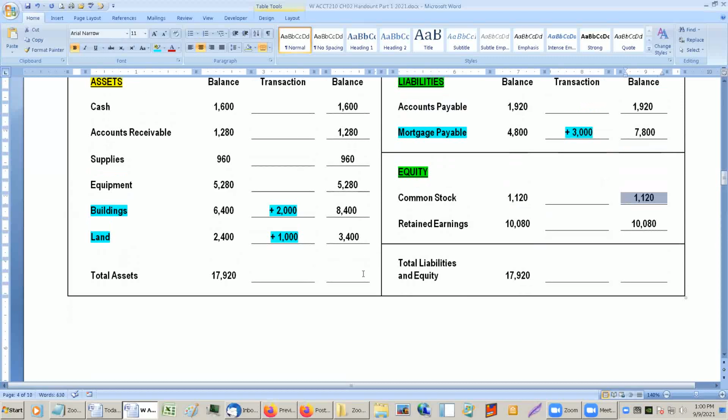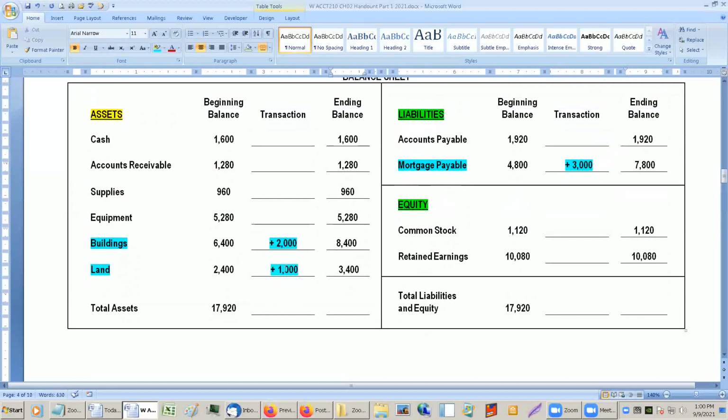Okay. Now if the transactions in total here we have plus 3,000, you should get whatever that is.